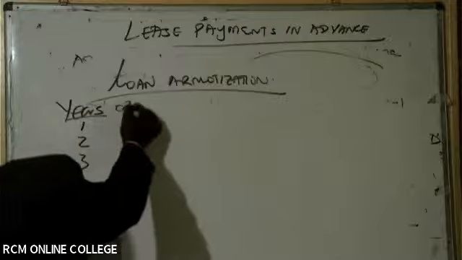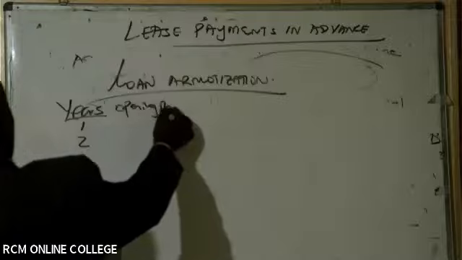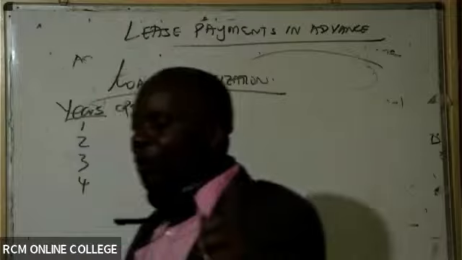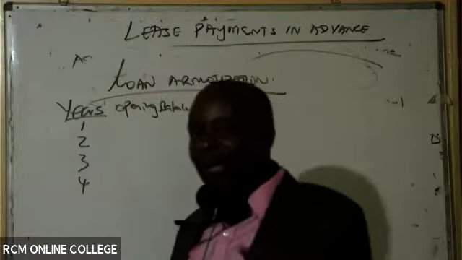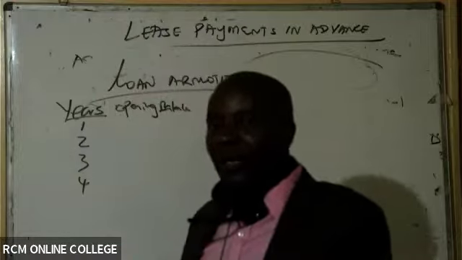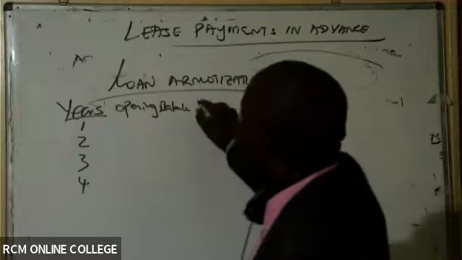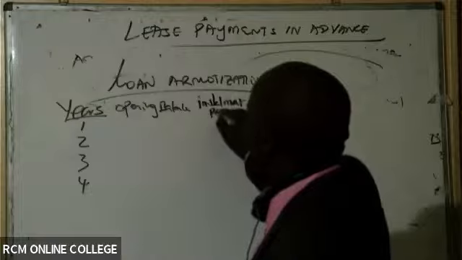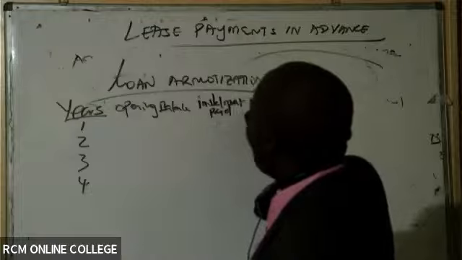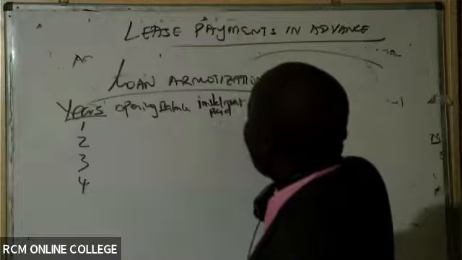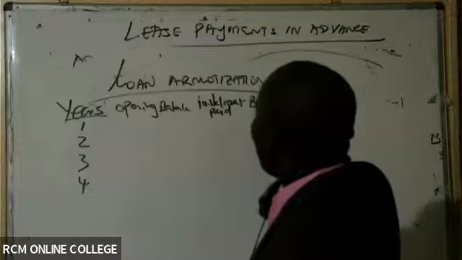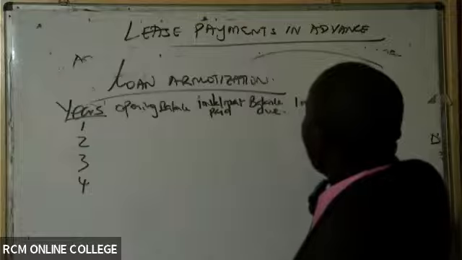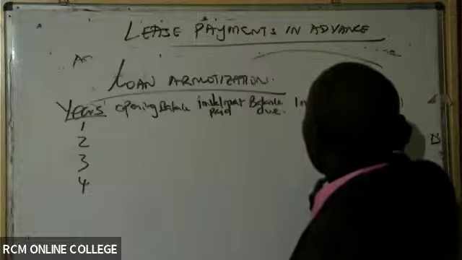So we have our opening balance. Remember, here we start straight away with the opening balance and then we pay, so the installment paid comes here. Then we shall introduce a new column called balance due. Then we shall have our interest, and lastly the closing balance.